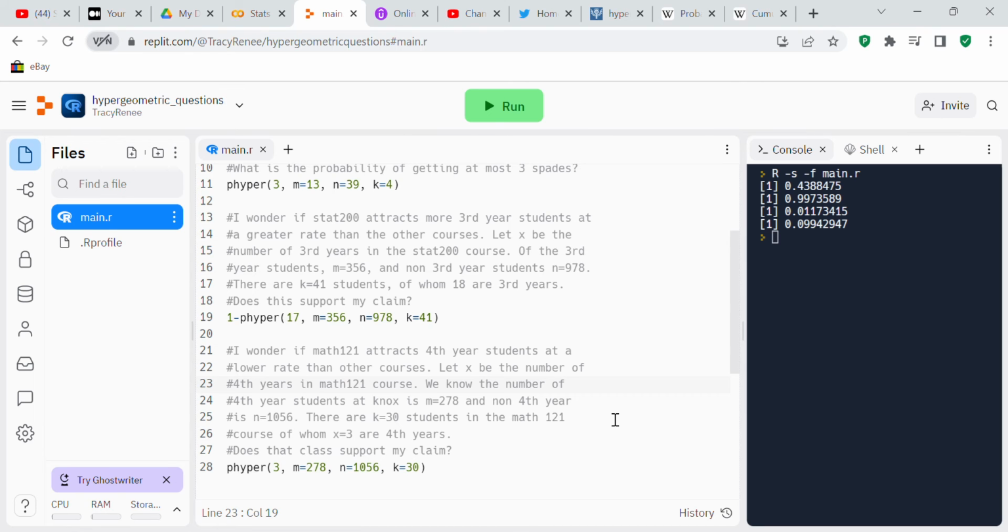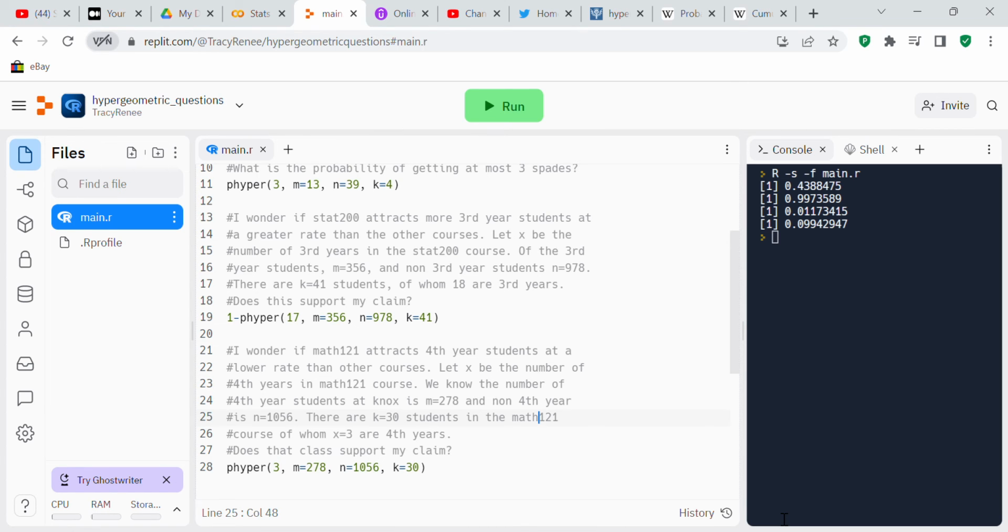We know the number of fourth year students at Knox is M equals 278, and non-fourth year is N equals 1056. There are K equals 30 students in the Math 121 course, of whom X equals 3 are fourth years. Does this support my claim?